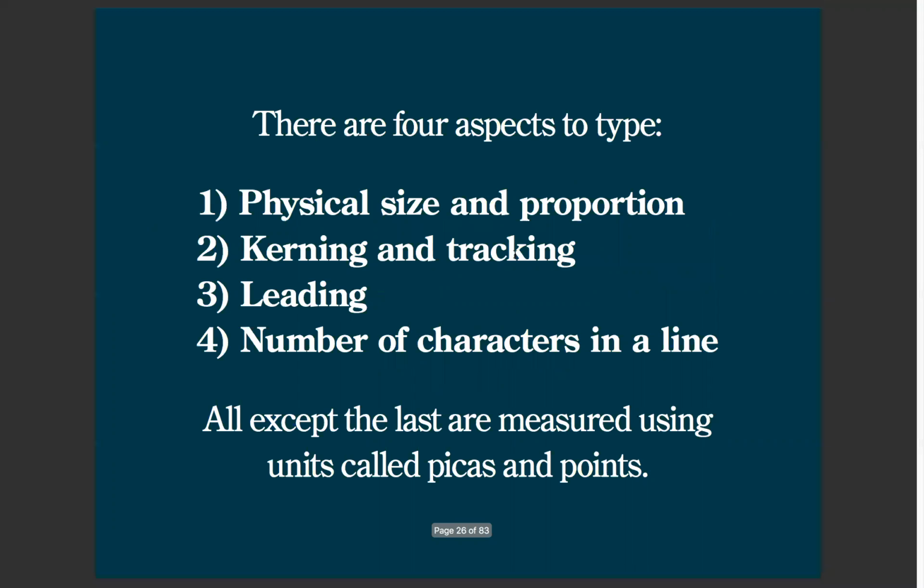Okay, so I wanted to just talk, since we are now dealing with blocks of copy instead of just single words, about some of the controls we have for type.